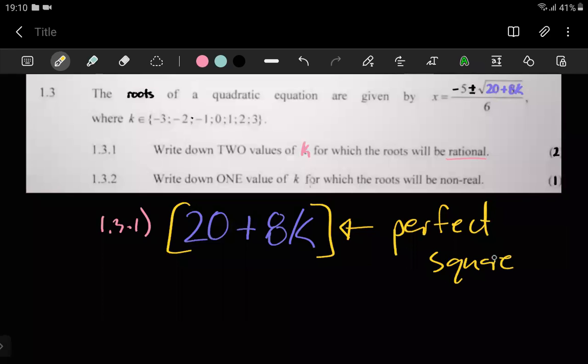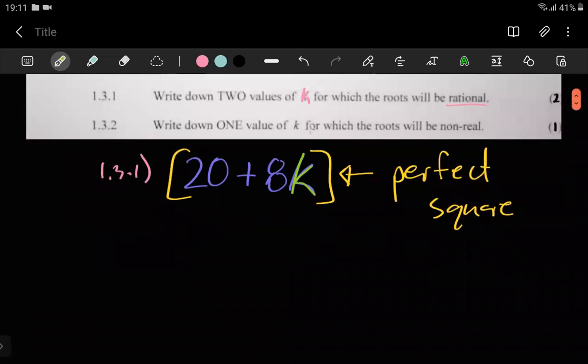You basically want to think, what can we do to this expression so that it comes out as a square number? Fortunately, we have options for k that we can throw in here, because all we want to think of now is what value of k can we put in here that will result in this thing being a square number.